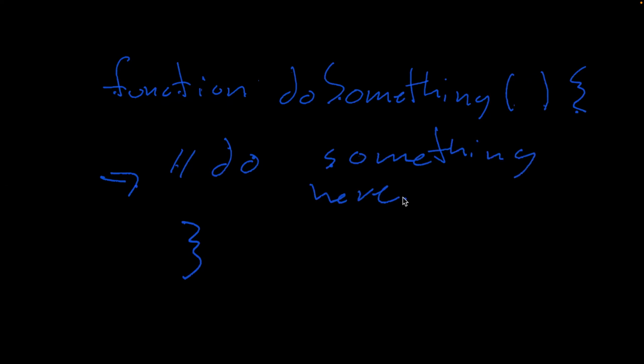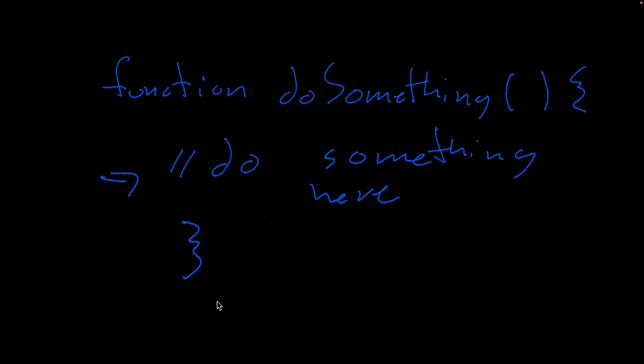And then once we define the function, what do we have to do afterward? If we want it to run. Return. What was that? Return. Well, that's not the answer actually.